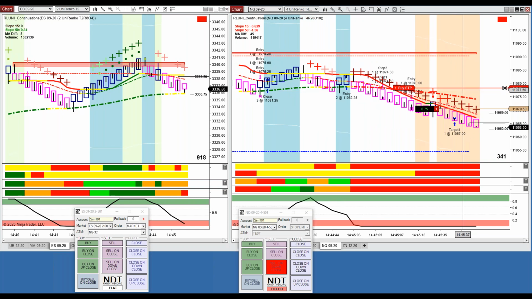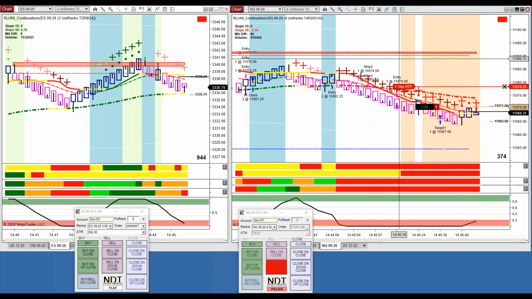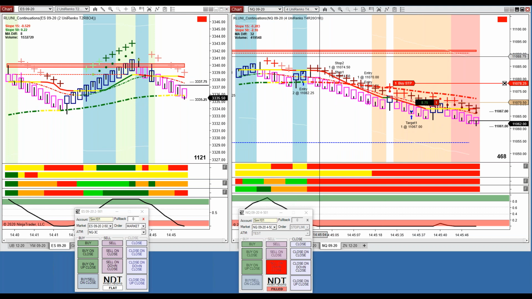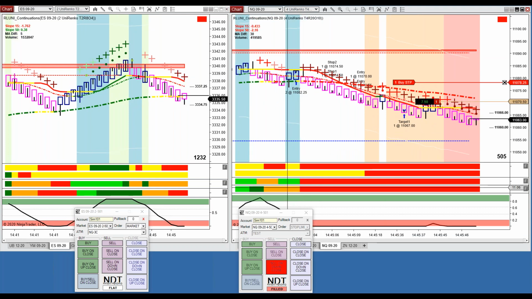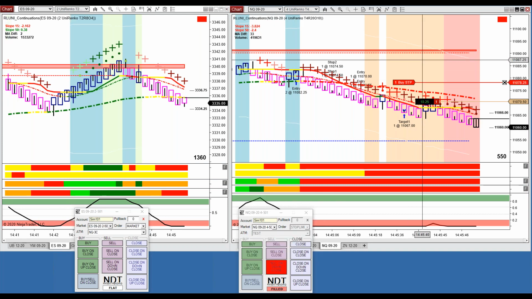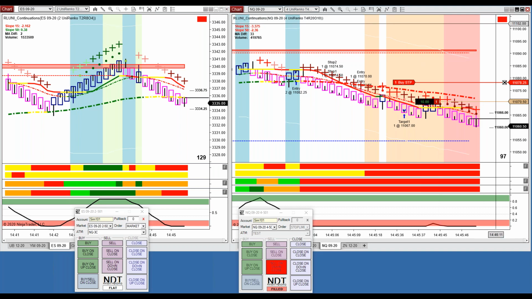Target failed. Here's a target. Let's see if we can get a real nice runner here. Here we go, with 7.5 points. Where are you in the trade, Sergio?